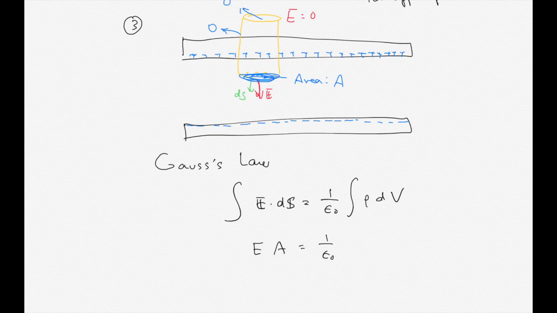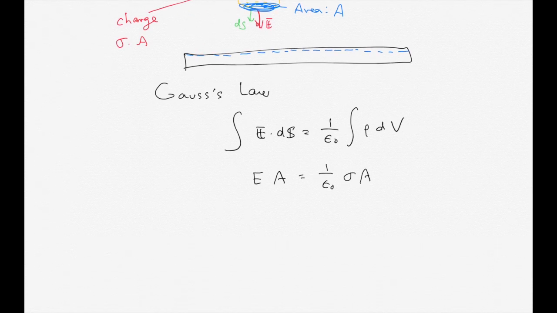The charge in this region is given by sigma, the surface charge density, times the area, so it becomes sigma A. From this equation, A appears on both sides, so it cancels out. So E is given by sigma over epsilon naught. Okay, so this is the answer to this question. This is the end of this practice.